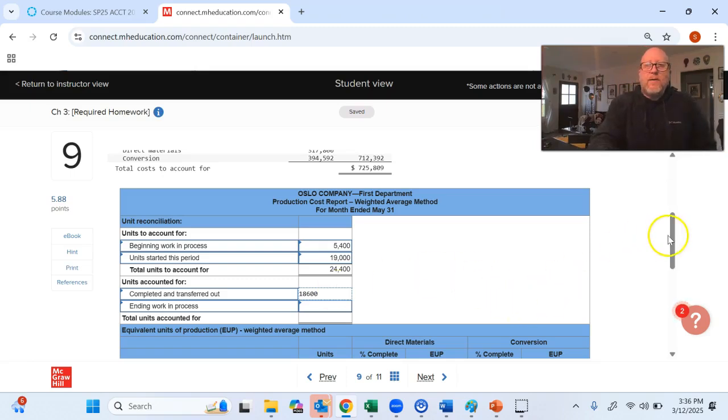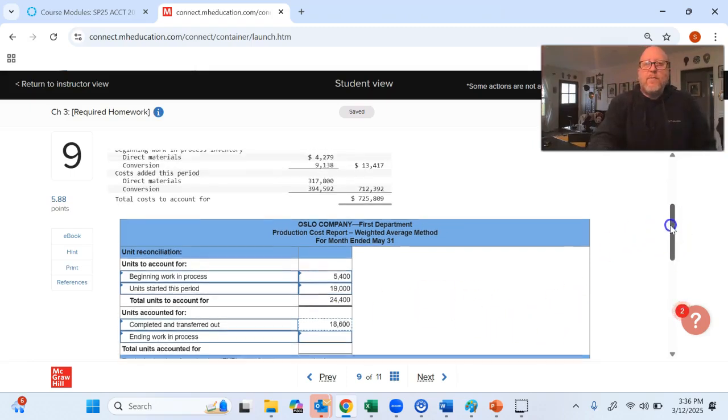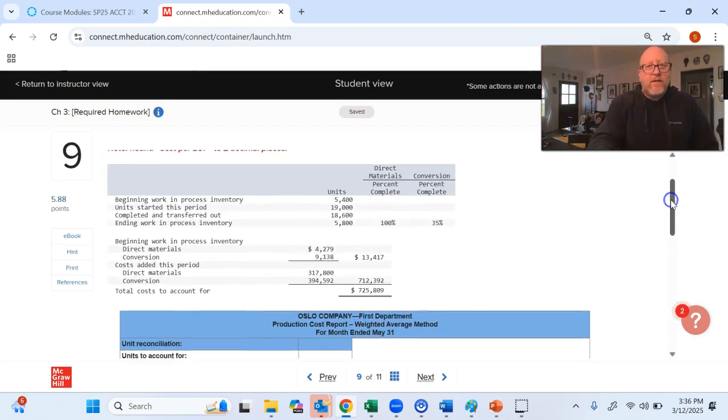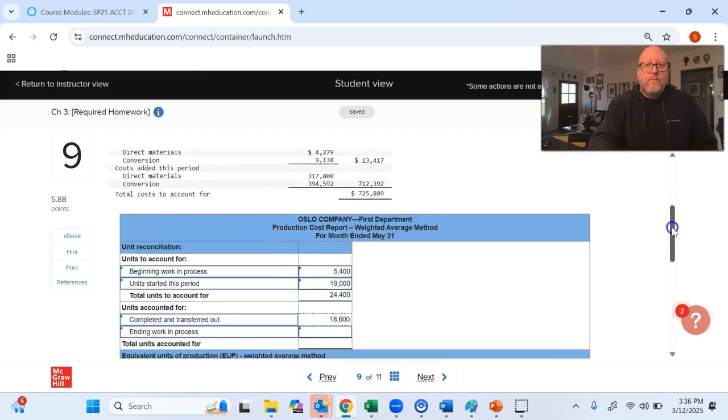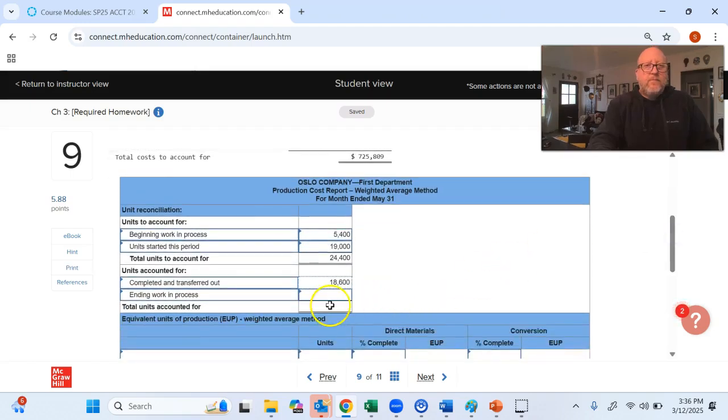And then how much is left in ending work in process, we can back into it, but they give it to us: 5,800. And I know that I'm on the right track because units that I have to account for equals the units I have accounted for.